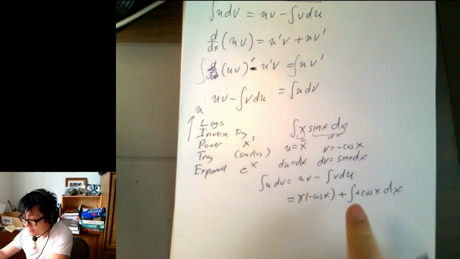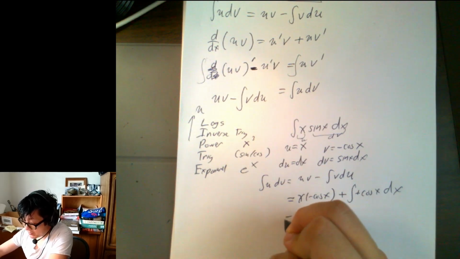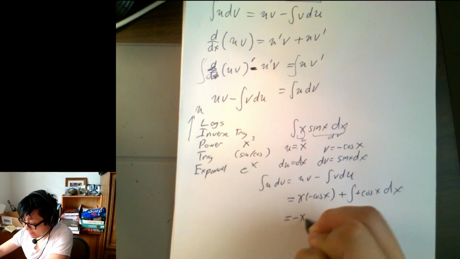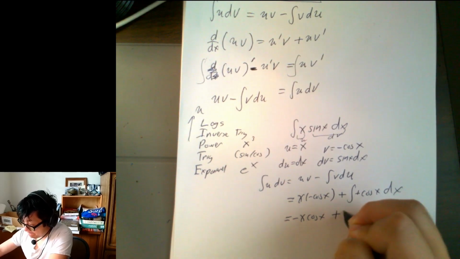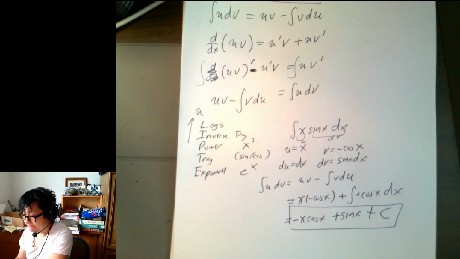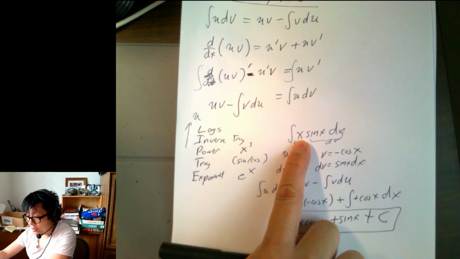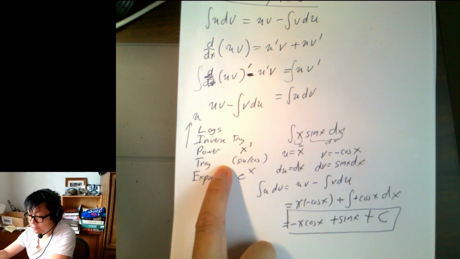If I cancel the negatives, the integral of cosine is just sine. And at this point I would put a plus c, and I'll bring the negative out here. Okay? Now, notice that x to the first power was u because it is above trig.